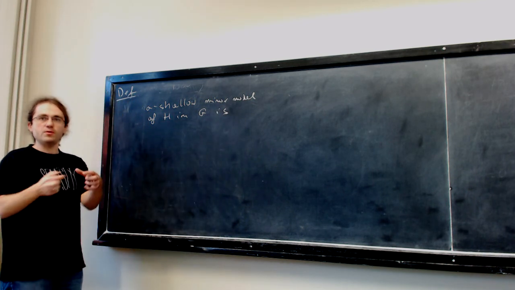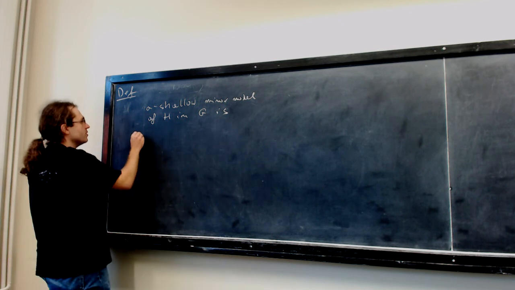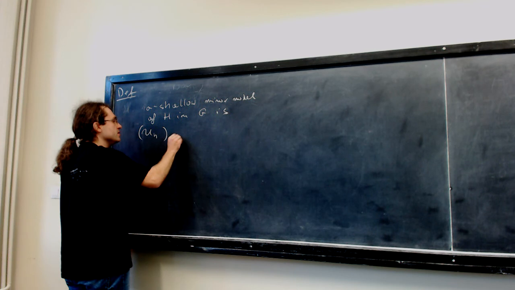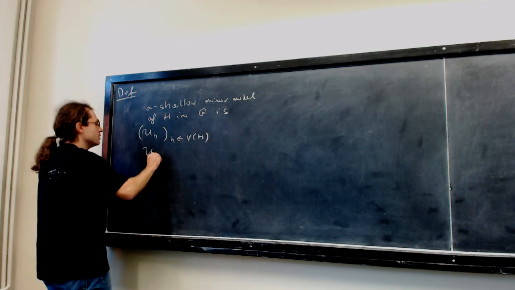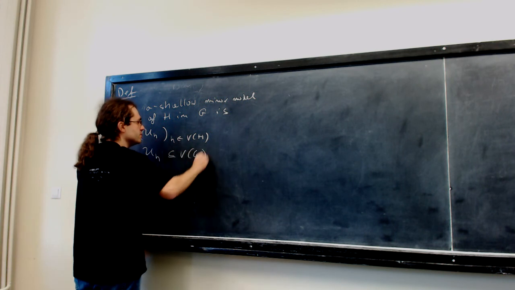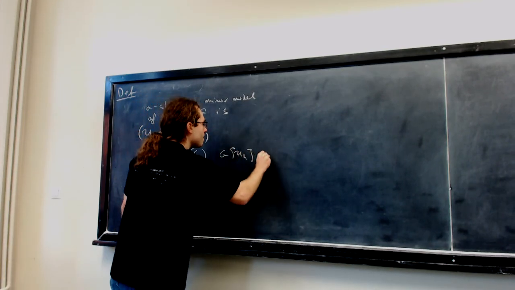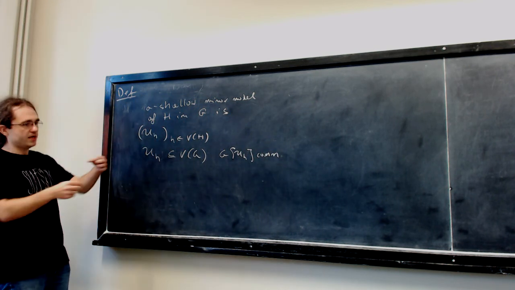I mean, the minor model, we had the branch sets for every vertex of H, so there was a collection of, say, U_h for h in V(H). Each U_h is a subset of V(G) and it's connected. And then an edge in H projects to an edge between these two.